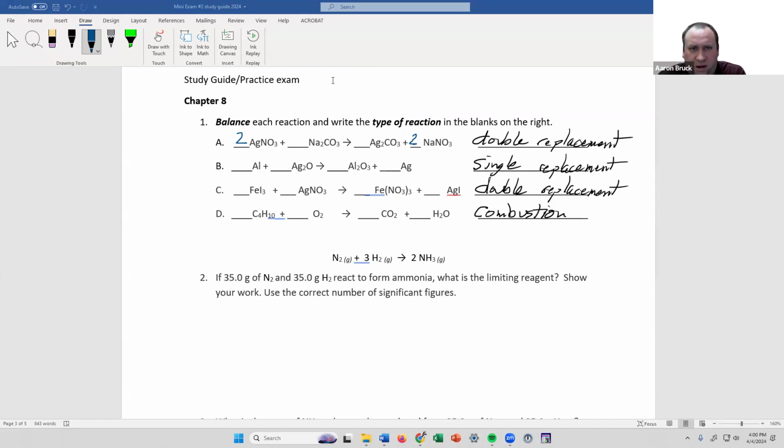For the next one, I've got aluminum, I've got silver, and I've got oxygen. So a little bit less complicated of an example. We'll take it.